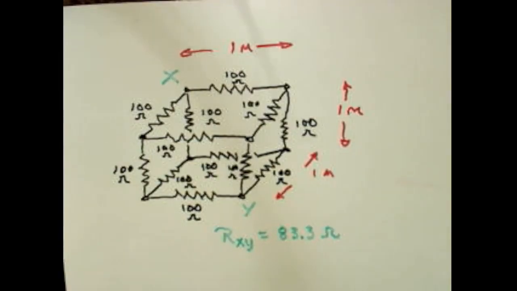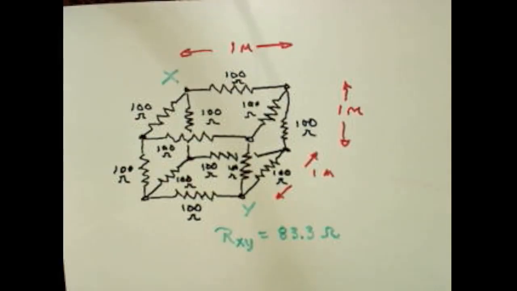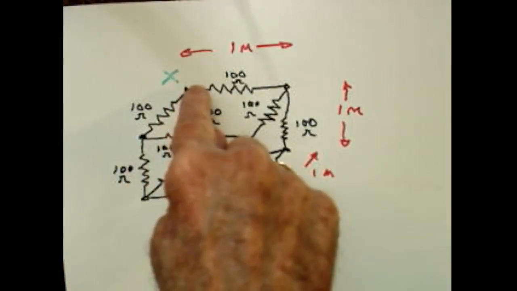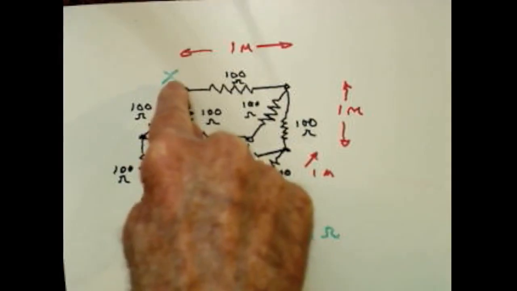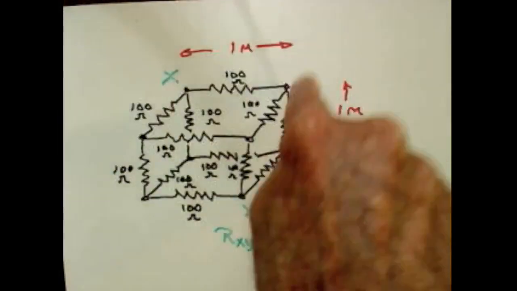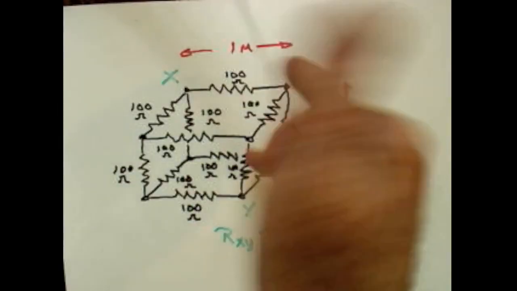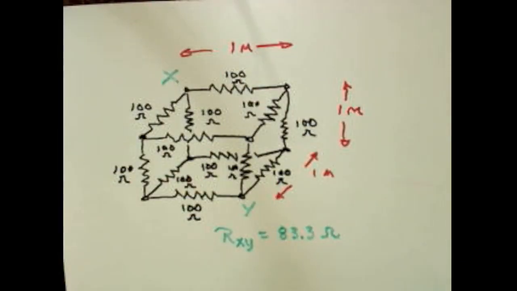Well, actually it's any 2 points, but as you can tell through symmetry, the resistance between this point and this point with all these interconnections is going to be the same as between this point and this point with all the same interconnections, or between these 2 points. So any 2 adjacent points is symmetrical, and what do we have? 3 different ways.